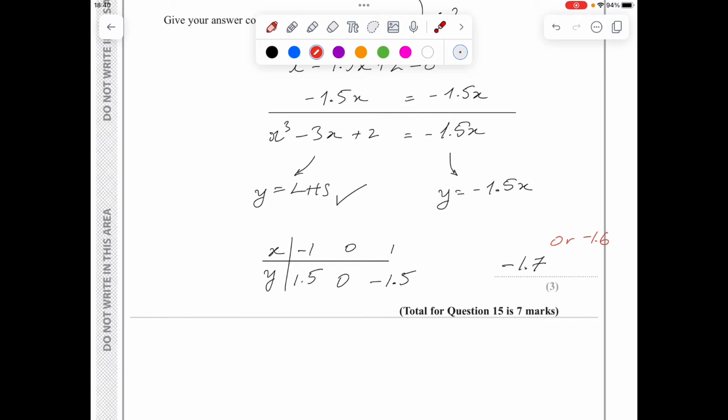Note something very important here. According to the mark scheme, you must not give the y-coordinate, otherwise you will lose the last mark. This is because the instruction says solve this equation and not find the point of intersection, so we only need the x-coordinate.